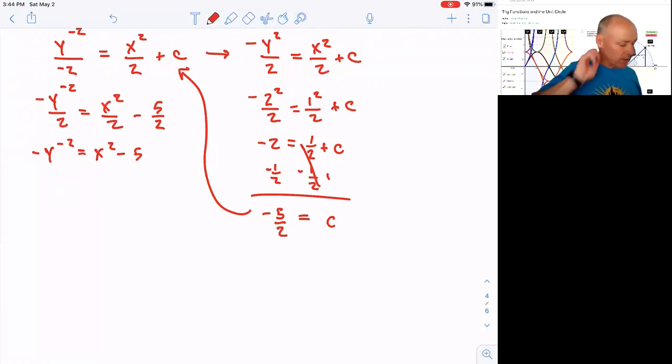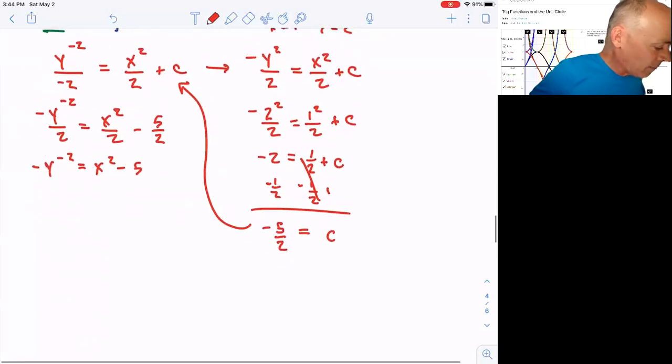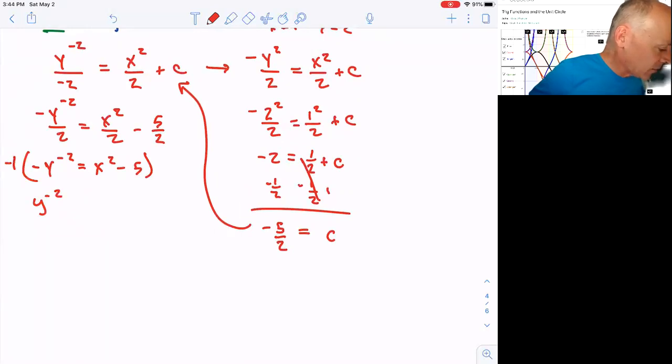Okay, now what I want to do is take care of this negative. So I'm going to multiply both sides of my equation by -1, just to flip my sign. So I'm going to get y to the -2 is equal to, flipping the signs here, negative x squared plus 5.